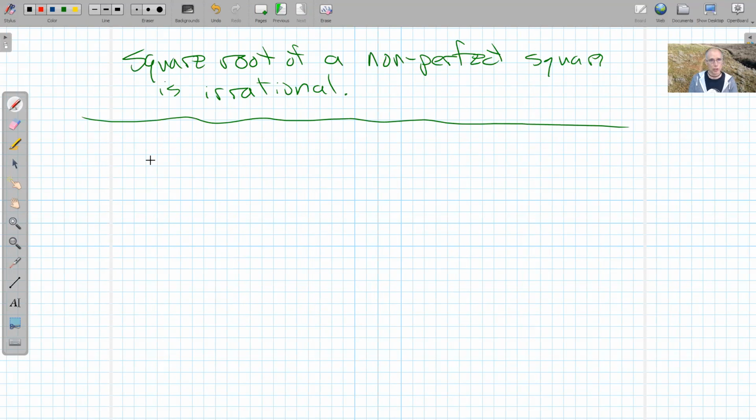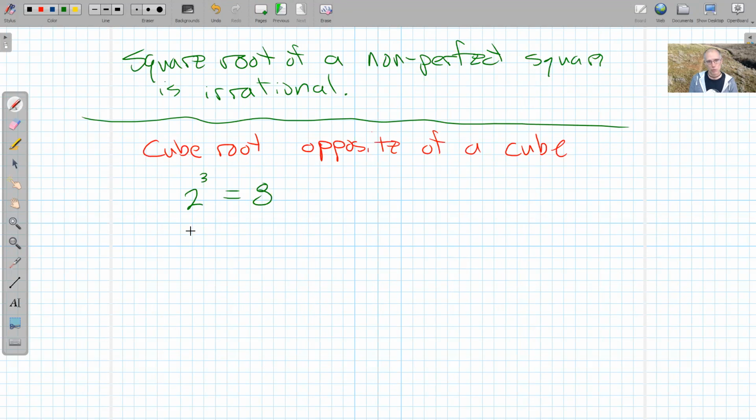So a cube root is the opposite of a cube. So example of that, if I take 2 and raise it to the third power, that's 2 times 2 times 2, that's 8. So then we have this symbol called cube root. Kind of looks like a square root with a 3 in the hook there.